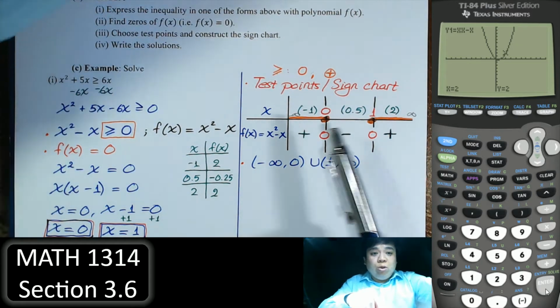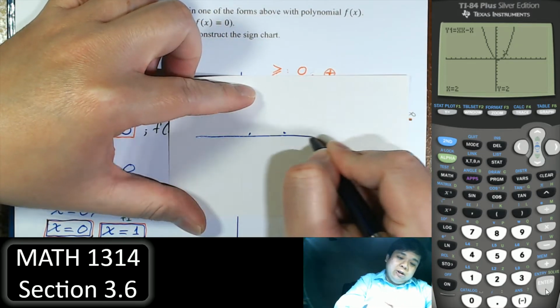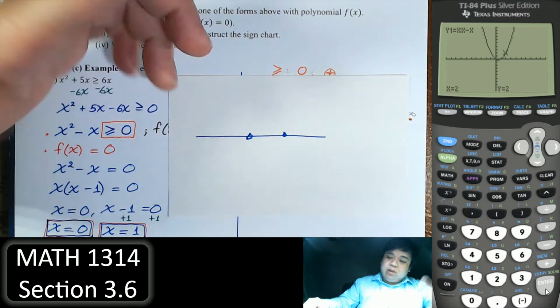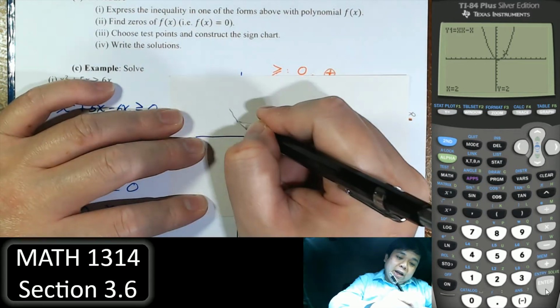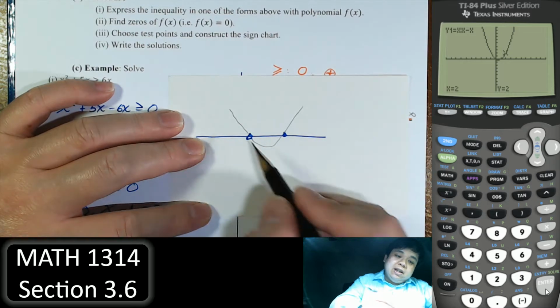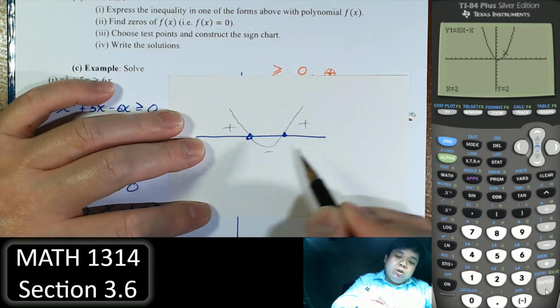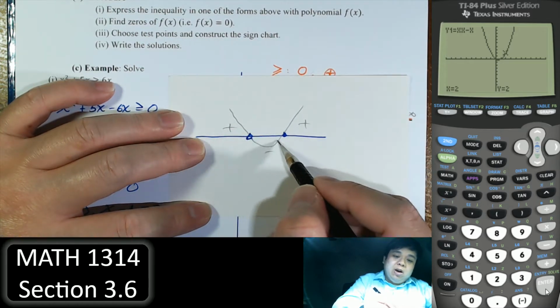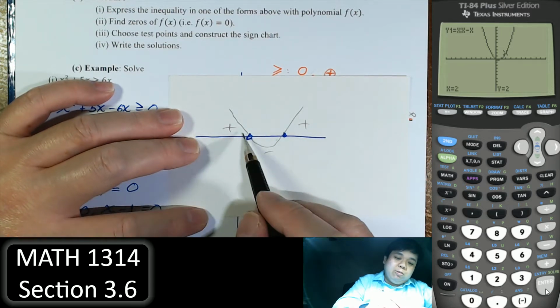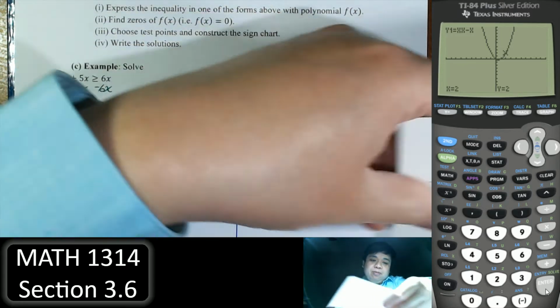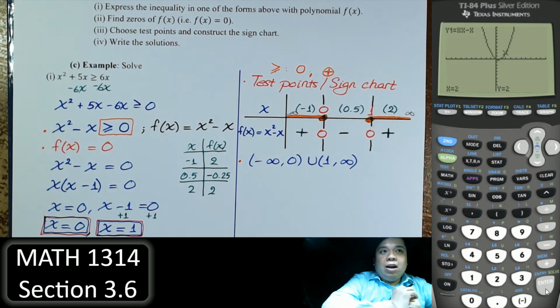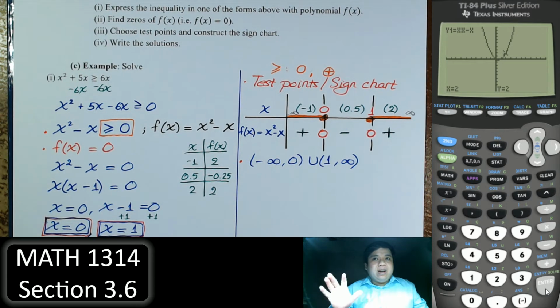Now, once we find where it is equal to 0, the rest, if it's like this, then we're positive, negative, and positive: above the x-axis, below the x-axis, above the x-axis. So positive, negative, and positive. Right? So we just find where it is equal to 0.